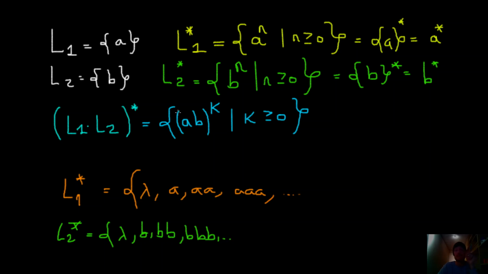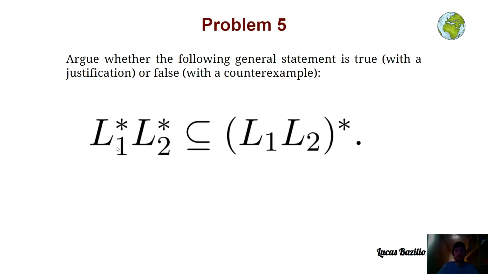And not only that, it may happen that this new resulting language has words that do not belong to the first concatenation language. So let's prove this, because this is not a true statement in general, this is false.